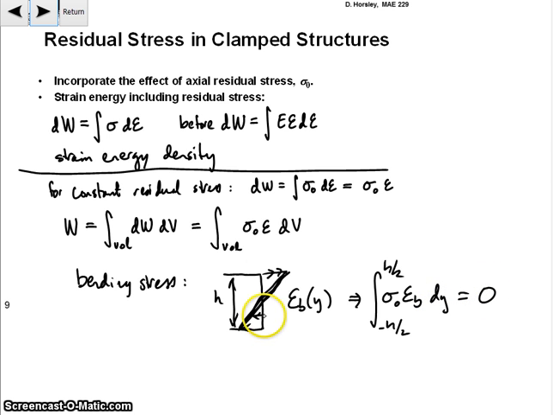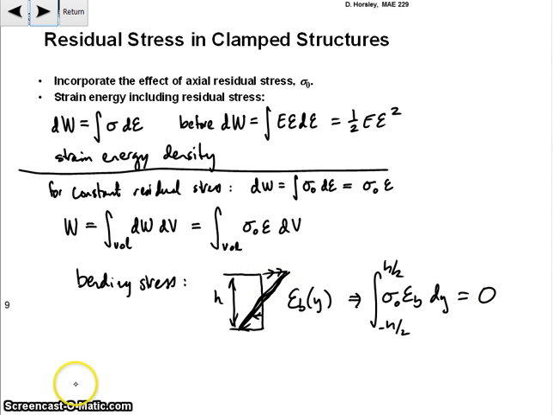Because this is symmetric. When we integrate the energy term, this gives us 1/2 E times epsilon squared. This integral is epsilon squared, and so it integrates to a non-zero value. But in here what we're doing is integrating the product of a constant times this distribution over the volume, and so this integrates to 0.